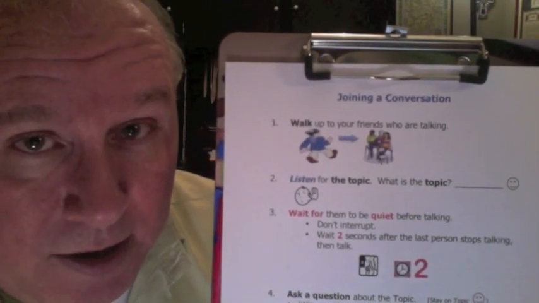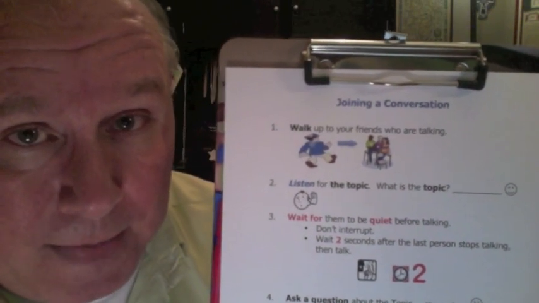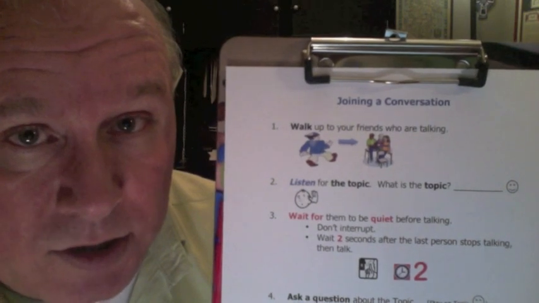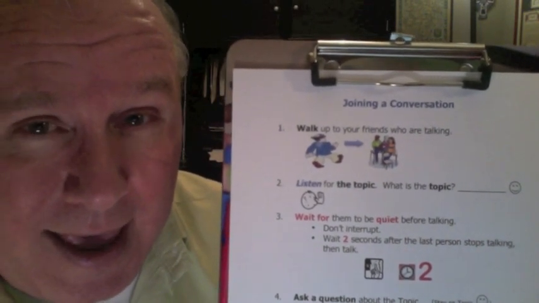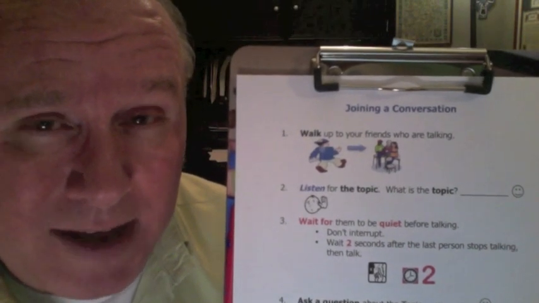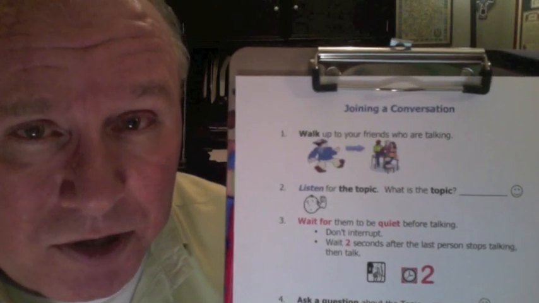At step 3, your child's ready to join the conversation because they have the topic in mind. They know what the kids are talking about. But we, again, slow them down a bit because the timing is everything. And as we discussed before, it's very complicated when you try to time when it's your turn to talk.